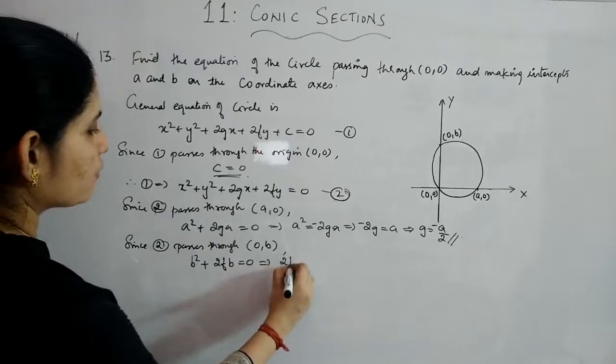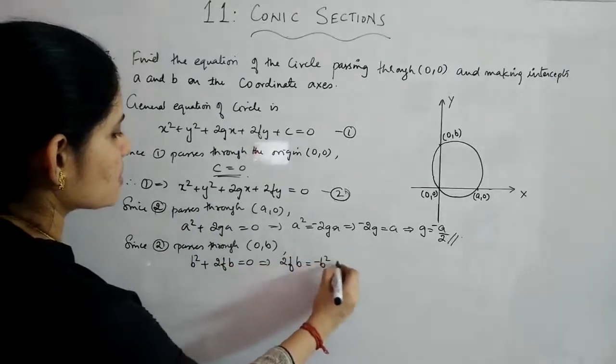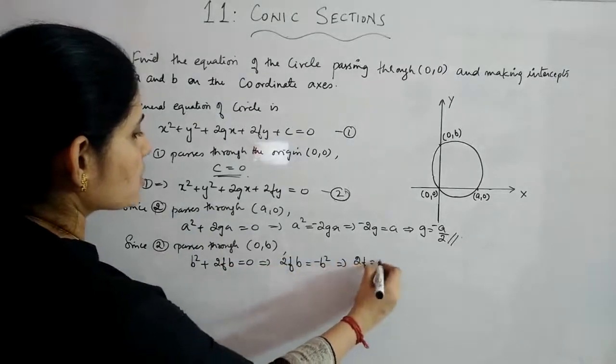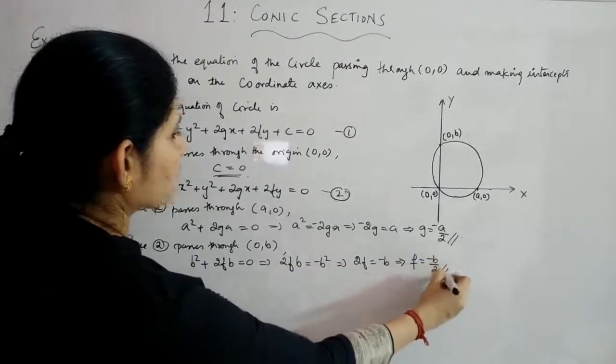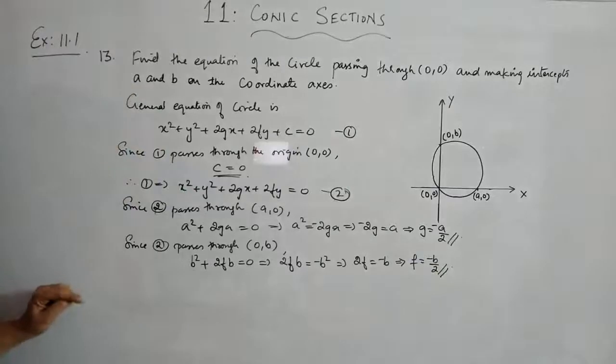Again 2fb is equal to minus b square, or 2f is equal to minus b, or f is equal to minus b by 2. So you got g and f. C you have already substituted.